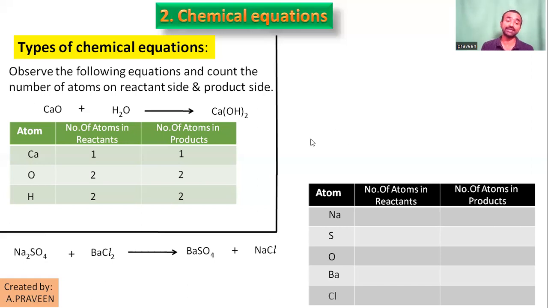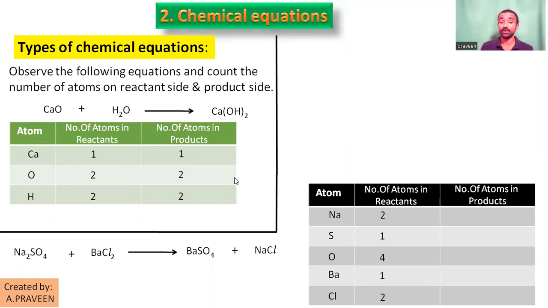Counting on LHS side. So left side, sodium subscript is 2, so we can write 2. Sulfur, no subscript and no bracket, so 1. Oxygen, subscript is there but no bracket, so here 4. Next barium, no subscript, no bracket, 1. Chlorine, no bracket but subscript is there, 2.